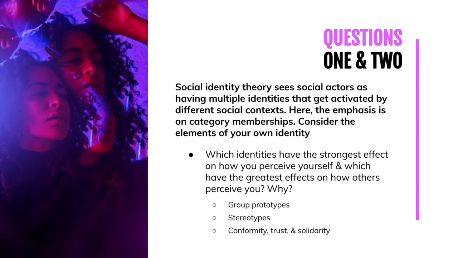Or people are more likely to trust you based on certain characteristics, or stand in solidarity with you based on certain characteristics? In which situations are you more likely to conform, or are people more likely to conform to your behavior within a situation? That can tell you a lot about the identities that are most relevant in terms of how you see yourself and how others see you.